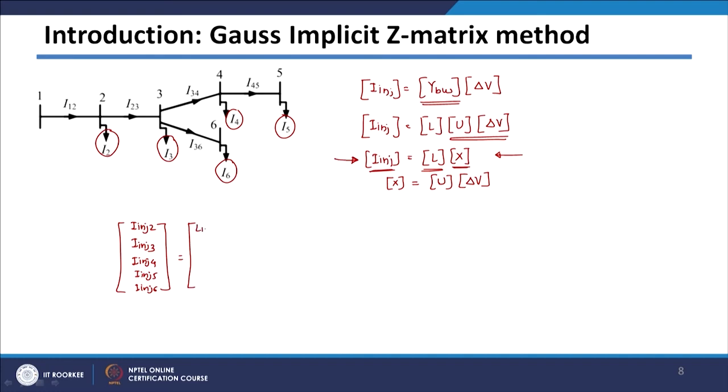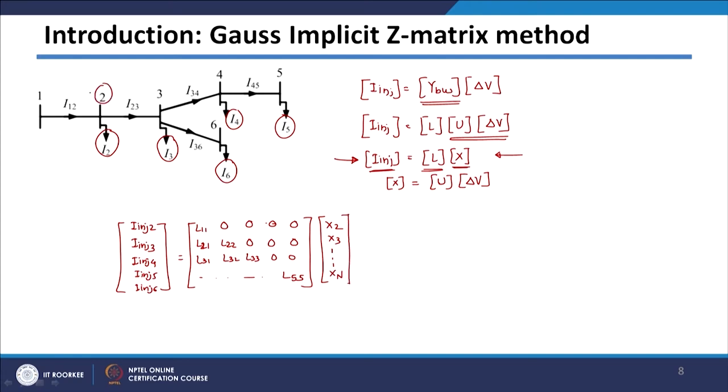So lower triangular matrix will be L11, and then all entries will be 0 here, and then L21, L22, and then L31, L32, L33, 0, 0, and up to L55 here, and this is getting multiplied with your X2, X3 up to Xn, which are unknown. I am starting from 2 because we are starting from bus number 2, that is why I am not taking X1 here, so it will start from X2.